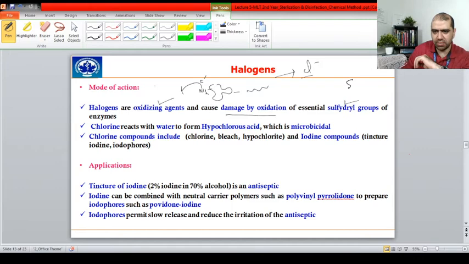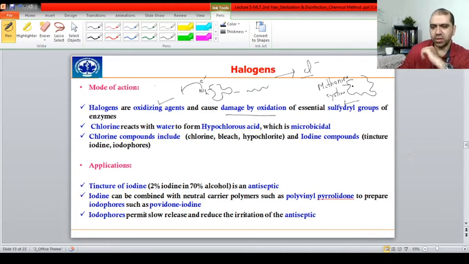You will find that in many cases proteins have, for example, methionine and cysteine, which are sulfur containing amino acids. Okay, and they are present in many different kinds of enzymes.